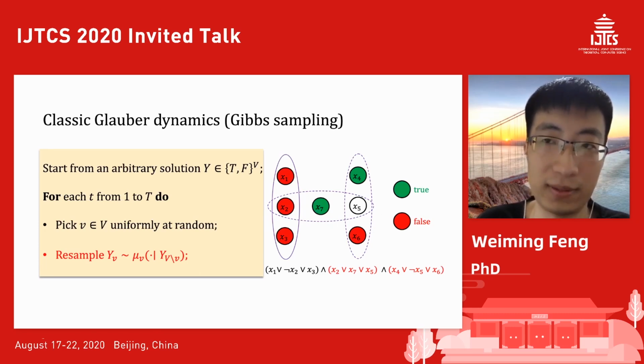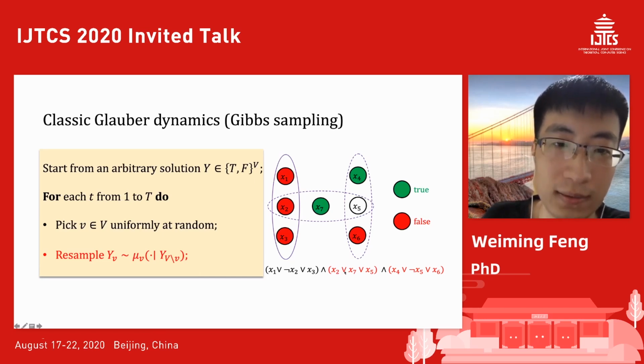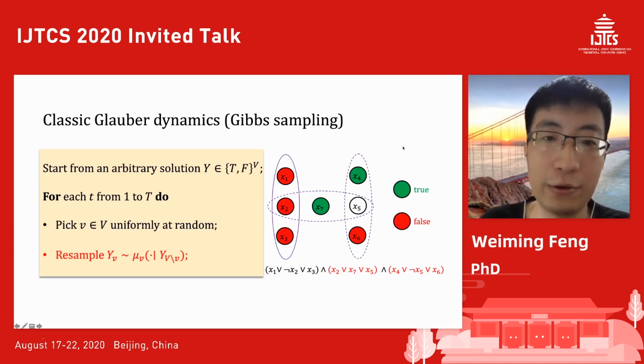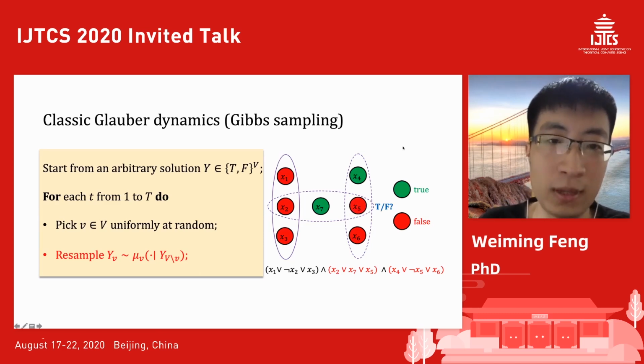Now, for example, if we pick the variable x5, now x5 is incident to 2 clauses, the second clause and the third clause. Note that the second clause is already satisfied by x7, and the third clause is already satisfied by x4. So x5 can choose its value to be true or false uniformly at random.